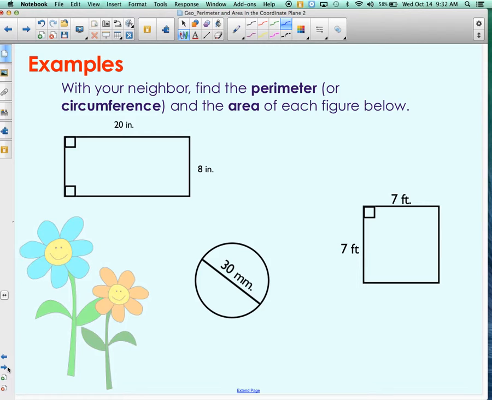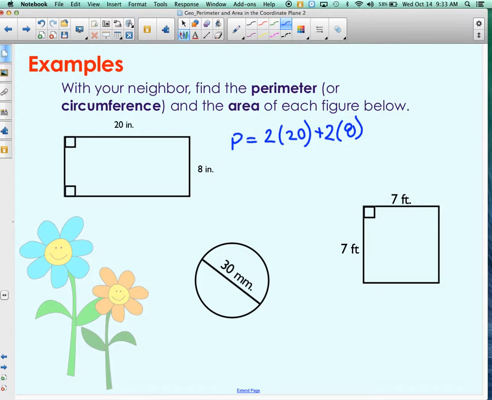Alright. Even if you're not done, go ahead and work with me up here. How do I find the perimeter of this rectangle? Just add the 20. If I use the formula, some of you are probably like, okay, 20 plus 20 plus 8 plus 8. That's perfectly fine.